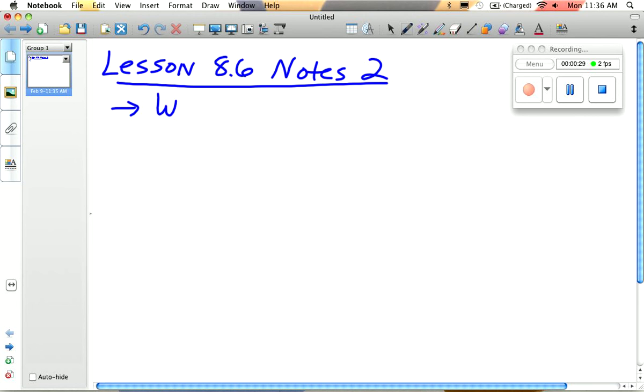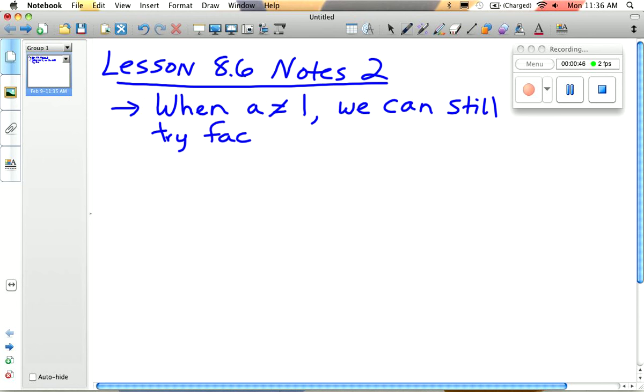So when a does not equal 1, we can still try factoring to solve it.